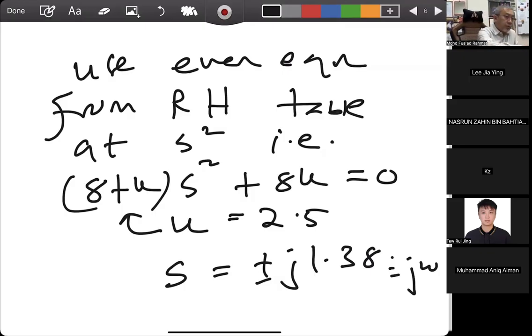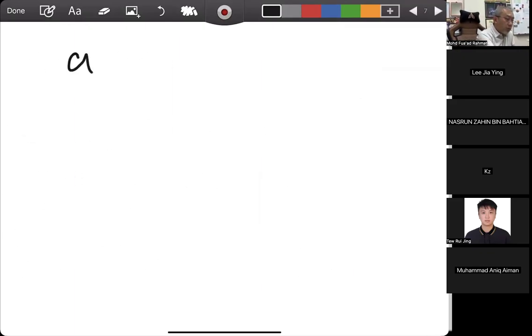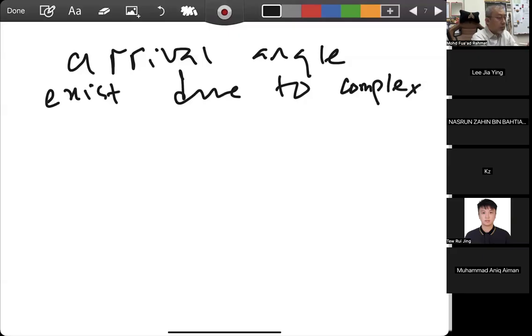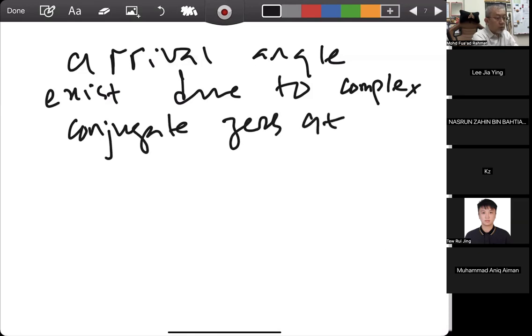Then the question asked you the arrival angle. Okay, arrival angle exists due to complex conjugate zeros at 2 plus minus j2.